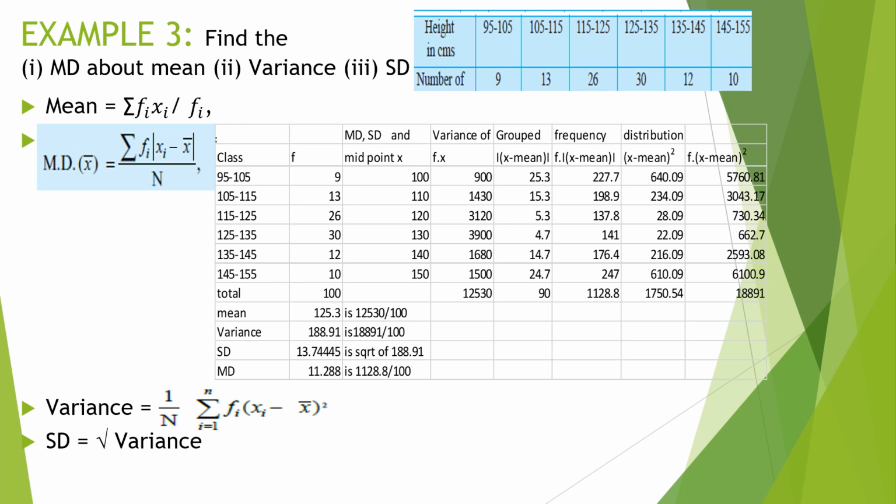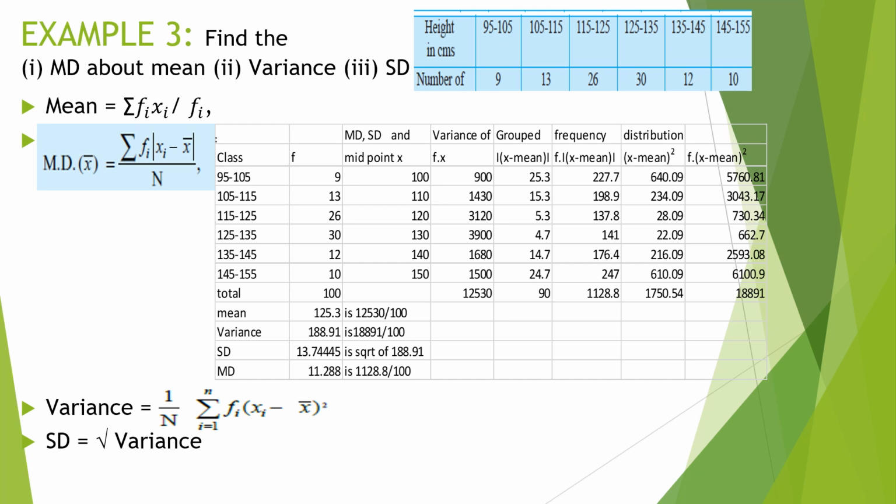So first of all list the data and your classes. Afterwards find the midpoint of each class. For example, for 95 to 105, the midpoint is (105 plus 95) by 2, which is 100. Next class, (105 plus 115) by 2, that means it is 110. In short, you find the midpoint of each class, which is your xi.